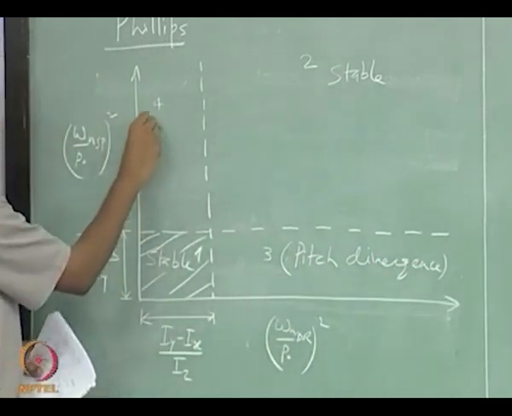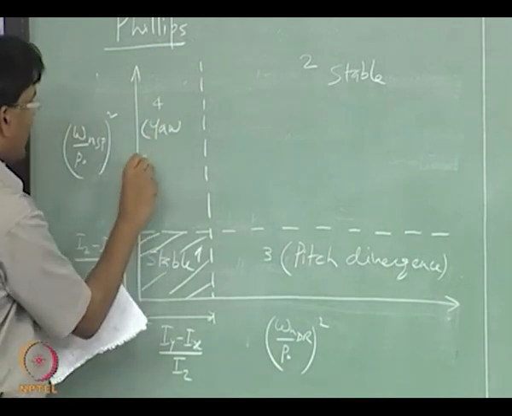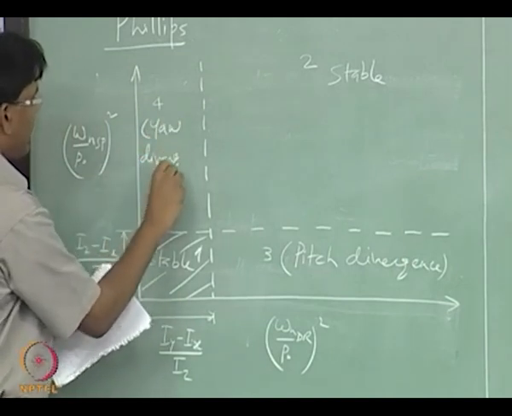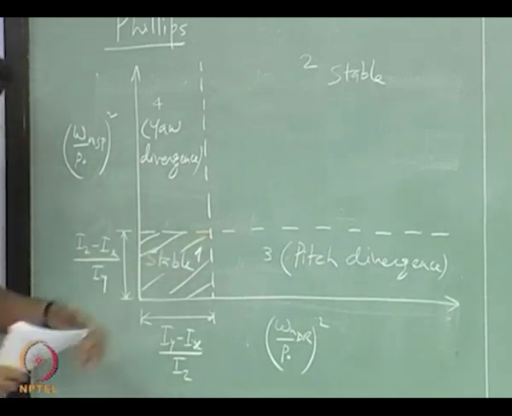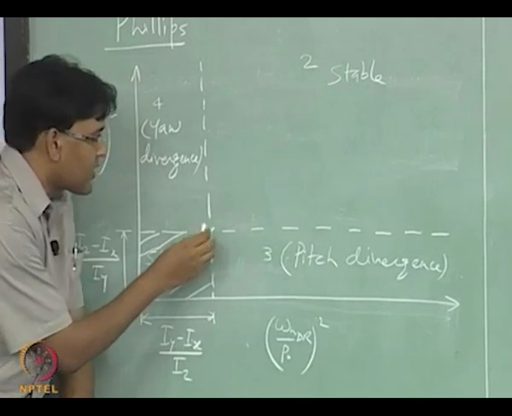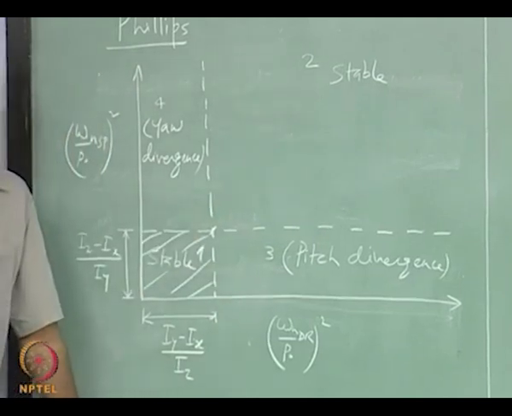In this region 4, you see what is known as yaw divergence.